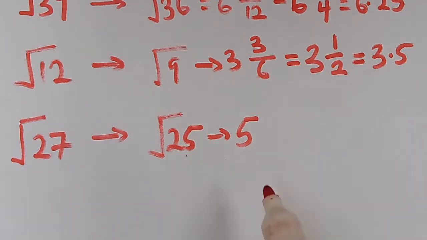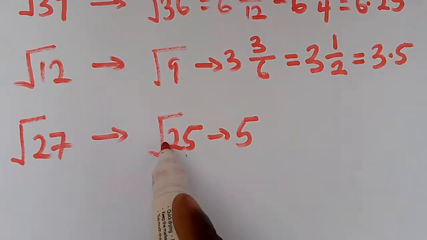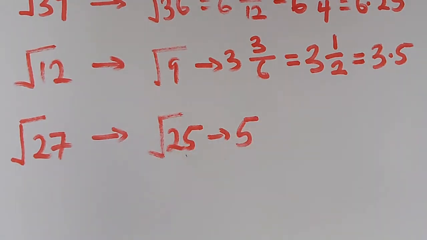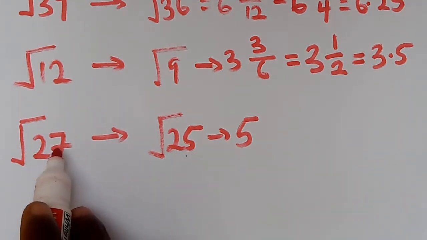Okay, so when we multiply 5 by itself, we get 25. So we say 5 squared is a perfect square. When I multiply by itself, I get 25, right? So here, 25, now I am left with 2 here, because 25 plus 2 gives 27.